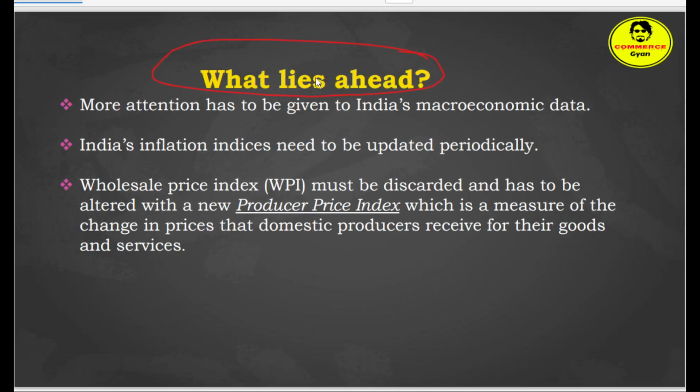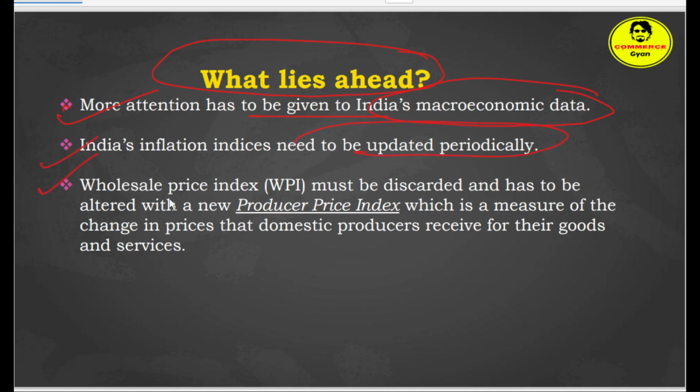That means, what can be the best practices to calculate actual GDP? First, more attention has to be given to India's macroeconomic data. If we shift toward macroeconomic data, we can find a good rate of growth or a good way to calculate the GDP. Second, India's inflation indices need to be updated periodically.